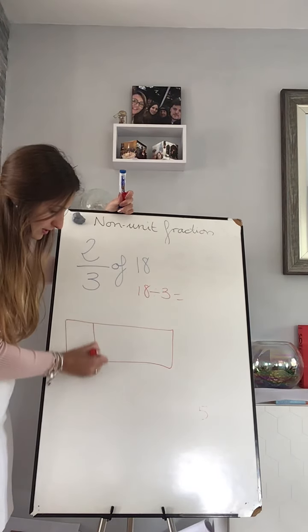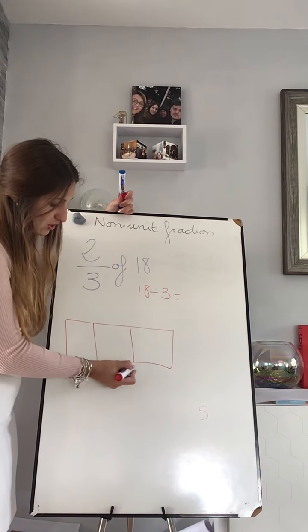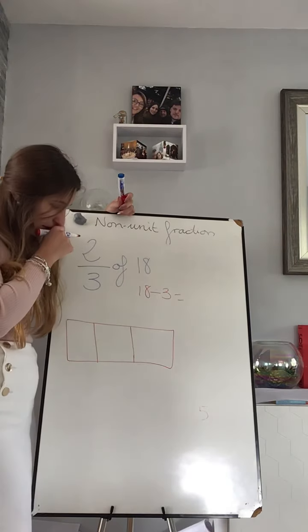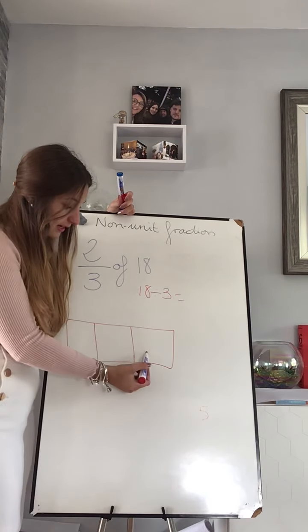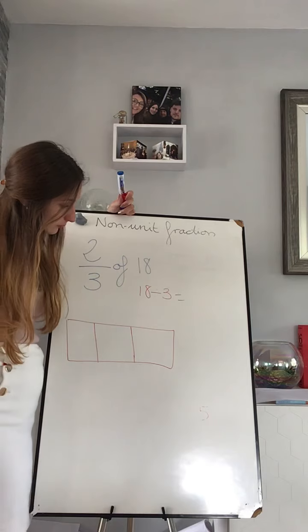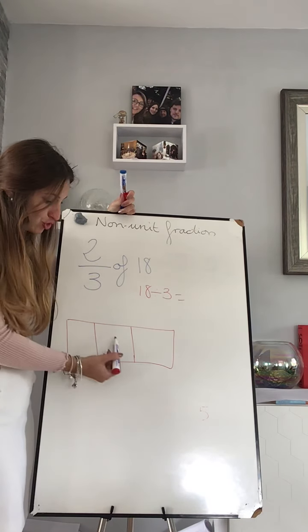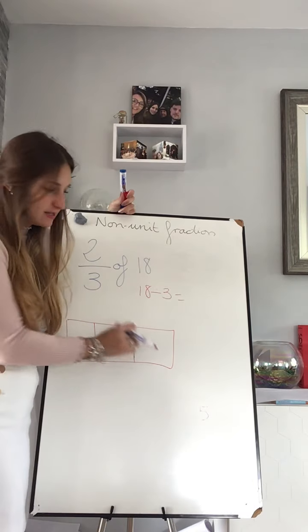I'm thinking of something that has been shared equally 3 times. And I'm thinking of 2 bits. Let's see what it is first.